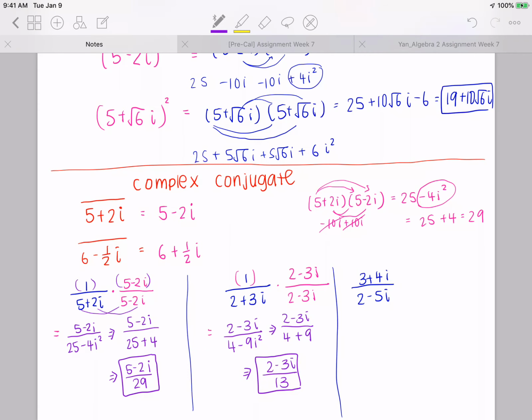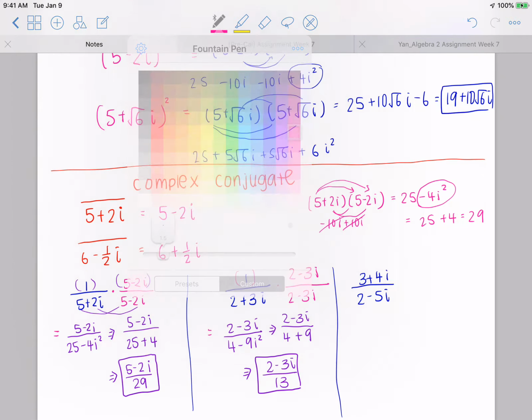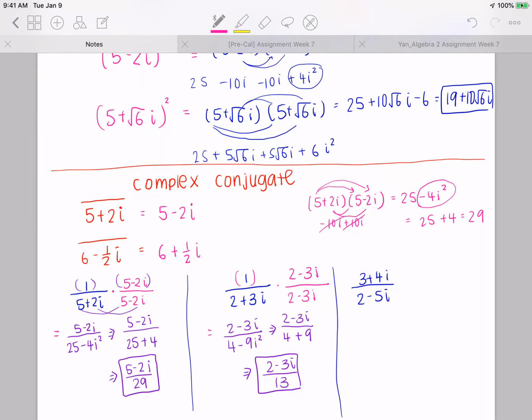Okay, last question. Now my numerator is not a 1 anymore, but it doesn't matter. We are only focusing on the bottom first. We want to multiply by 2 plus 5i, top and bottom. Okay, so for the numerator, because we have two parentheses multiplying each other, you have to do all of the arrows because they're not the same thing or different signs.